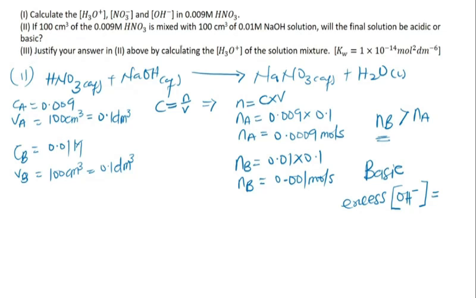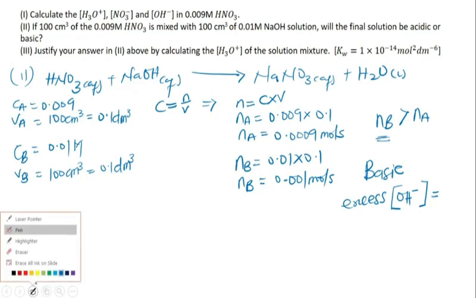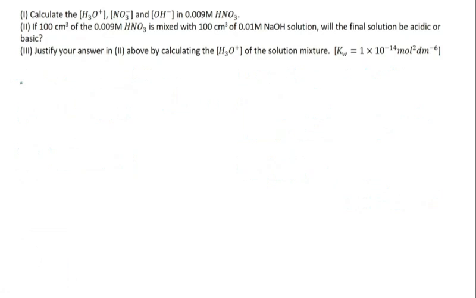Now let's justify what we just did with calculation, that is the III aspect of the question. The III aspect is telling us to justify the answer in II above, which we said the resulting solution will be basic, by calculating the H3O+ ion concentration of this solution.